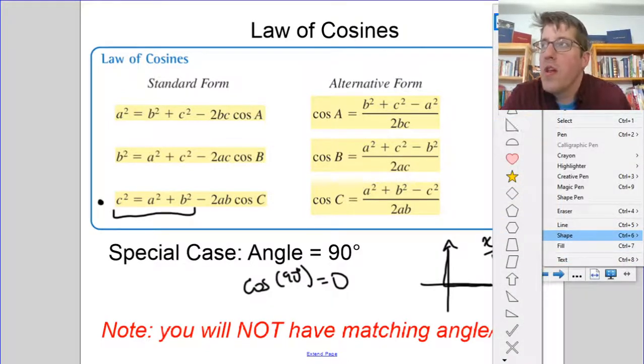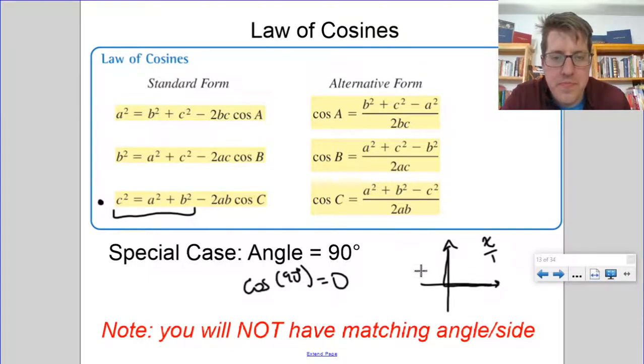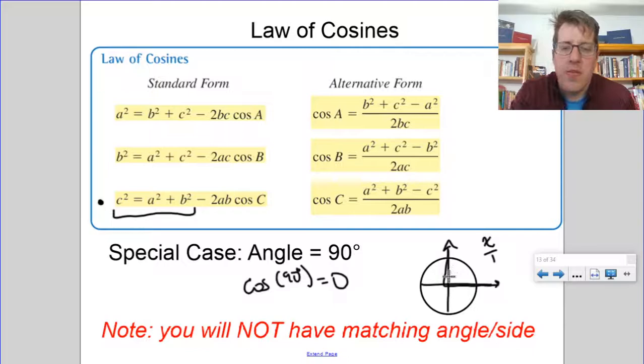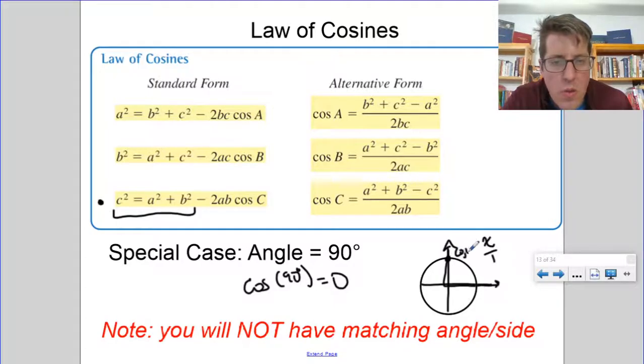Now, if we were in the unit circle, we would be able to very easily see that the x-coordinate would be 0. The y-coordinate would be 1. So the cosine of 90 degrees is 0. If that happens, all of this goes away, and we have the Pythagorean theorem.